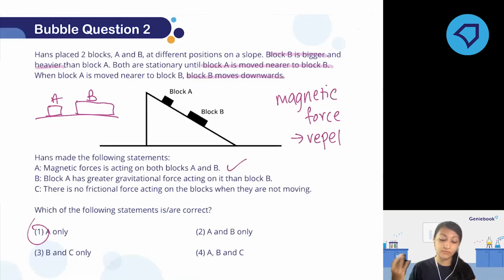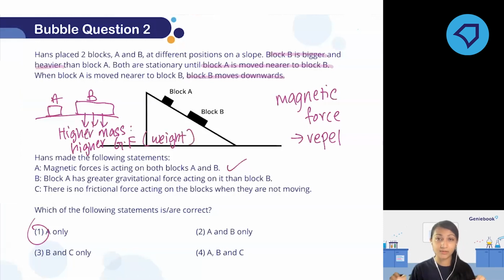So when they have different mass, they will exert different gravitational force. The higher the mass, the higher the GF, or gravitational force. And this is measured by your weight. That's why different objects have different weight. You see it? So the heavier the object, of course, the weight is higher.